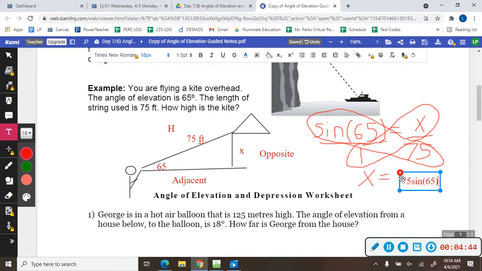So if I type that in my calculator, 75 times the sine of 65, that's 67.97 feet. I would probably just round that to 68 feet if it were me.